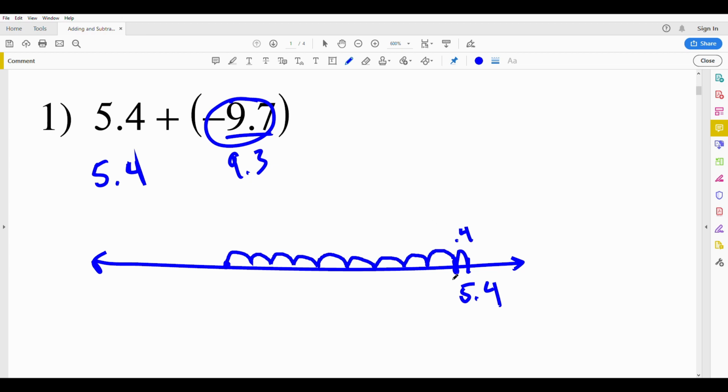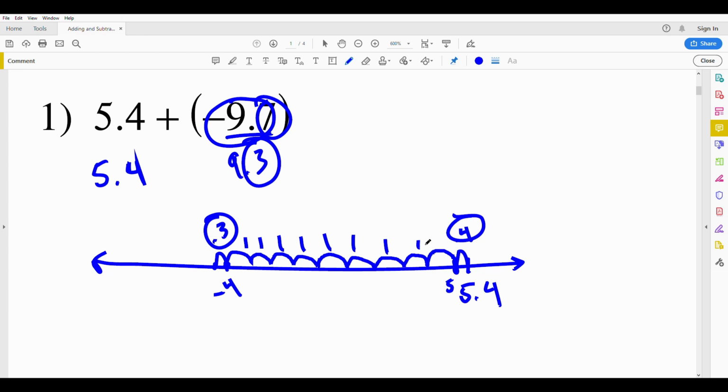So if 0.4 gets us to 5, moving 9 over will get us to a negative 4. And then remember, we still need to move that extra 0.3. So here you can see my 0.3 and 0.4 gets me to 0.7. And all of these other jumps were whole number 1s, and we did 9 of those. So my solution in number 1 is a negative 4.3.